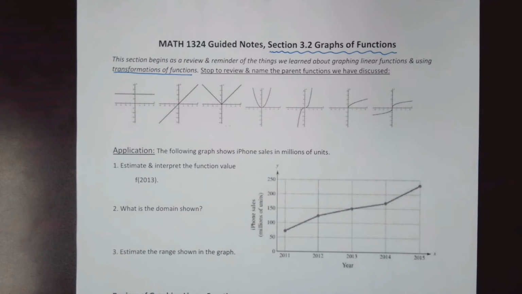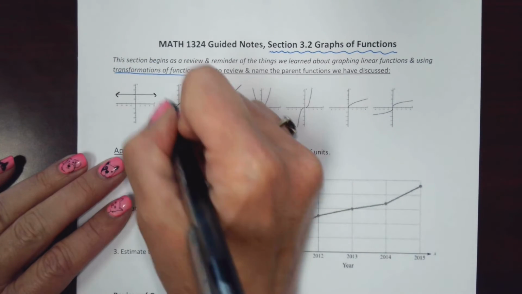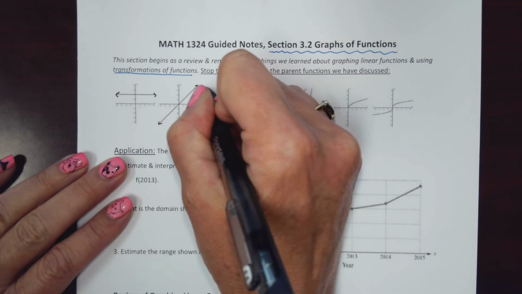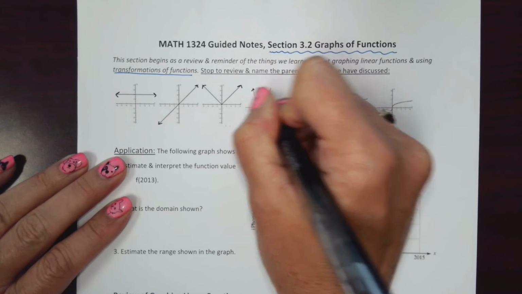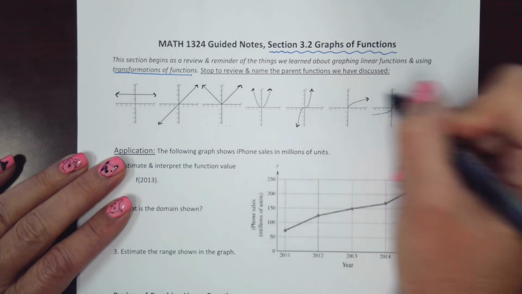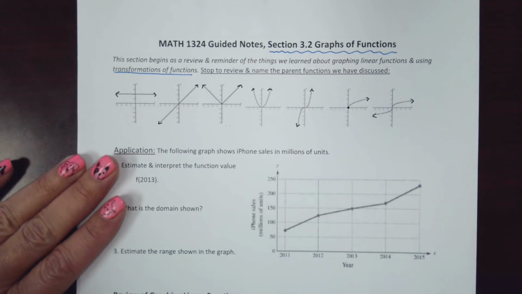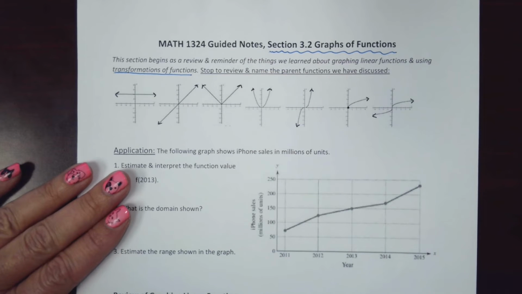So I want you to stop and review, name the parent functions. You've got your graph. None of them have arrows on the ends. That is my nemesis here. So throw in your arrows to show that these are continuous graphs. They don't stop, except for this one does stop right there at the origin, but everything else continues forever in both directions.